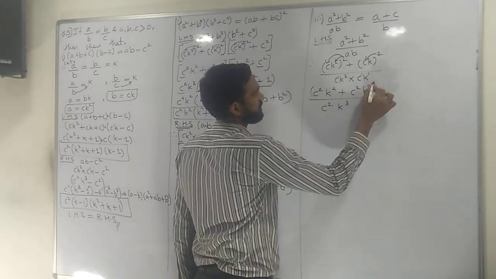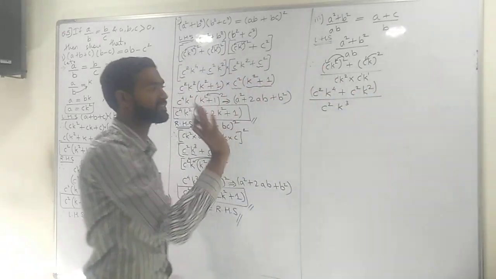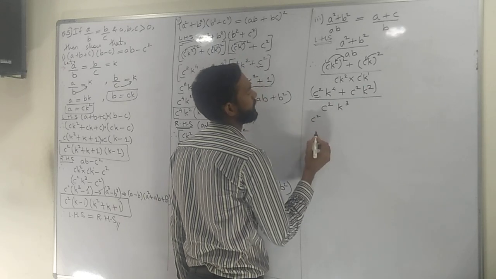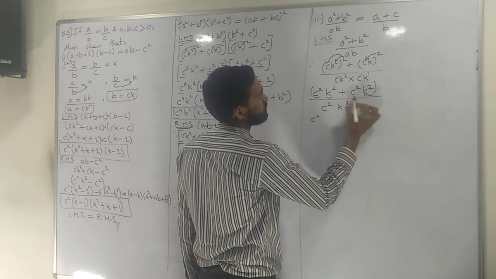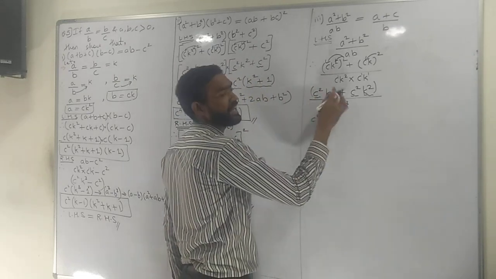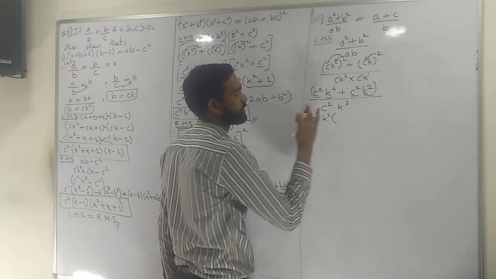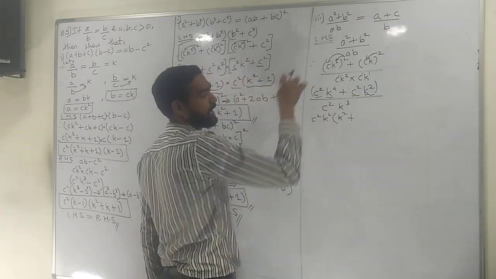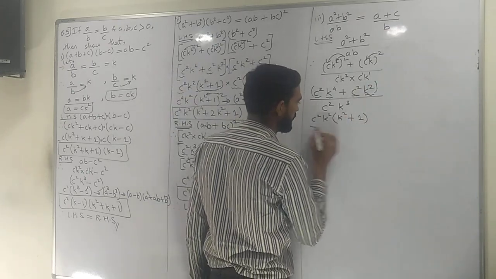In the numerator, look at here. From the numerator, can we take something common? Yes. What? I can take c square common. What else? I can take k square also as common. I have taken c square common. K raised to 4, k raised to 2 I have taken common. So I am left with k raised to 2 inside. Here everything we took out. So what do we have left? 1 only.